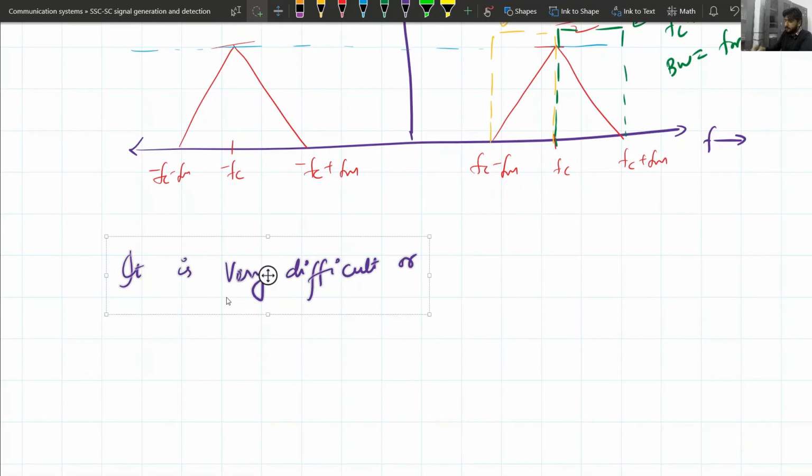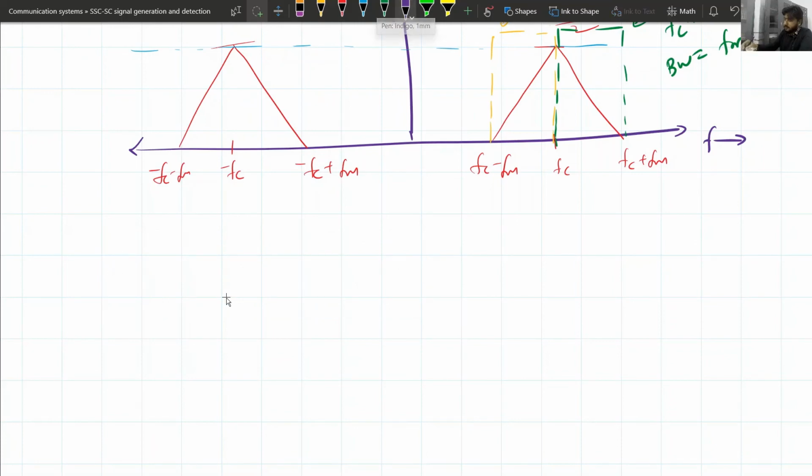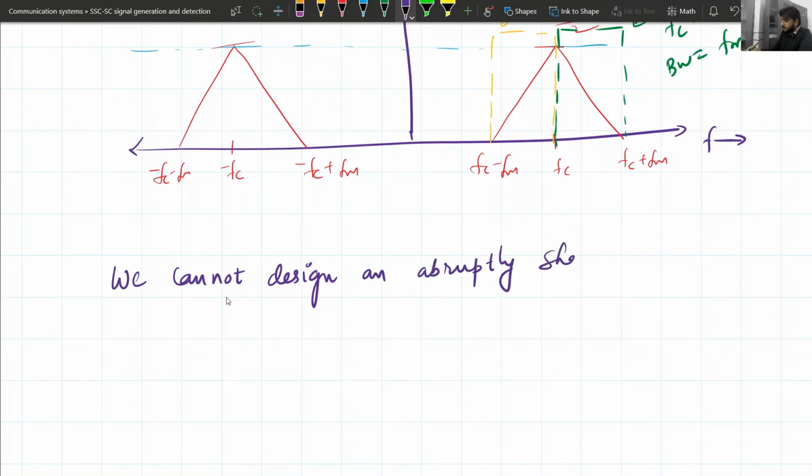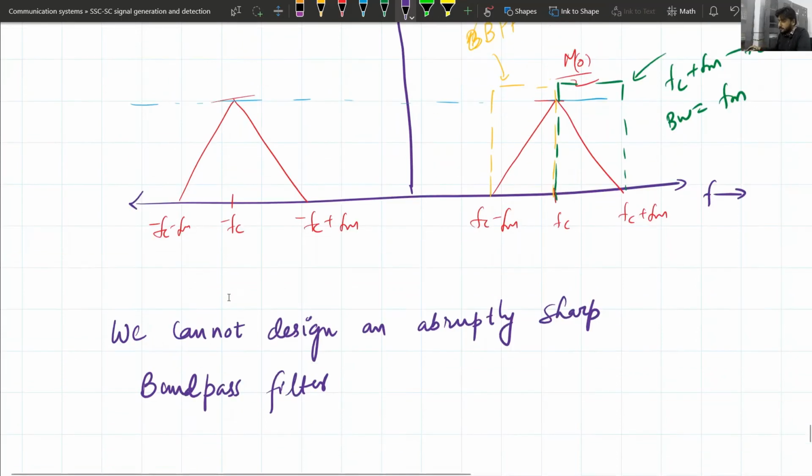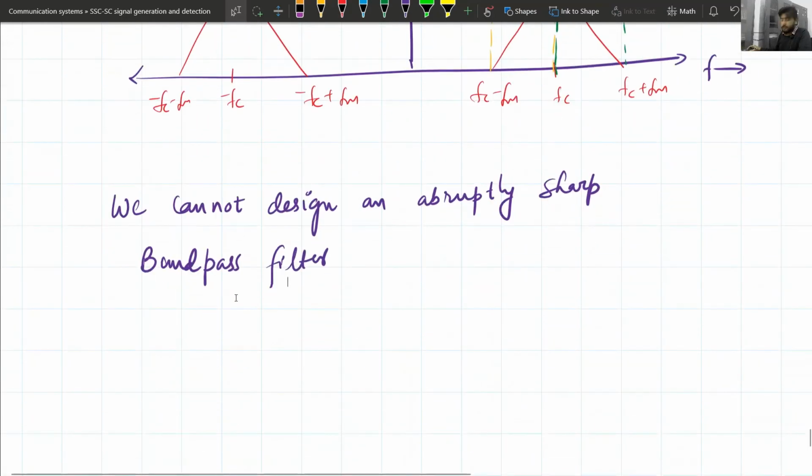We cannot design an abruptly sharp band pass filter. The limitation for this method is about the designing of the band pass filter.